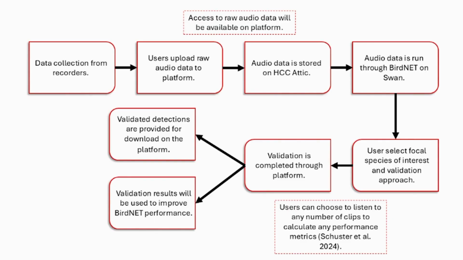Again, this is so they can make sure that what BirdNet is identifying is actually the species present there. Once the validation is completed through that platform, they can download those validated detections, and they can also use them to improve BirdNet performance someday when we work with other people.